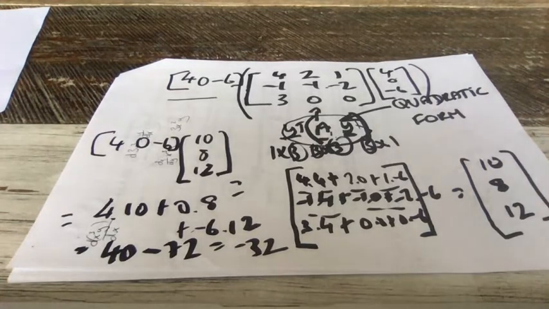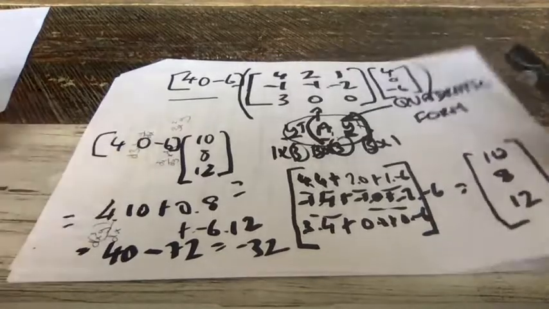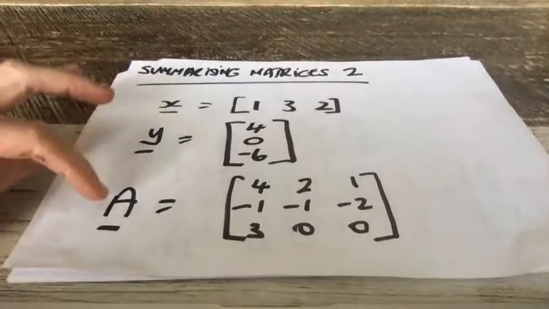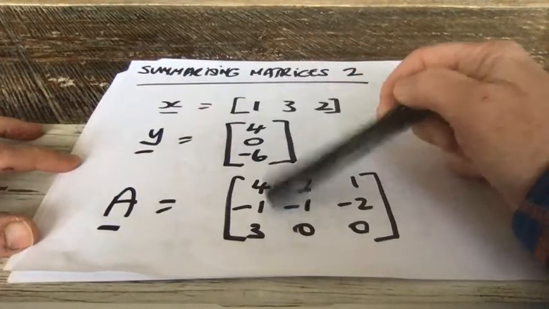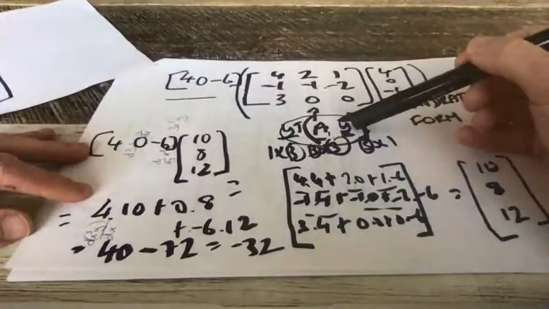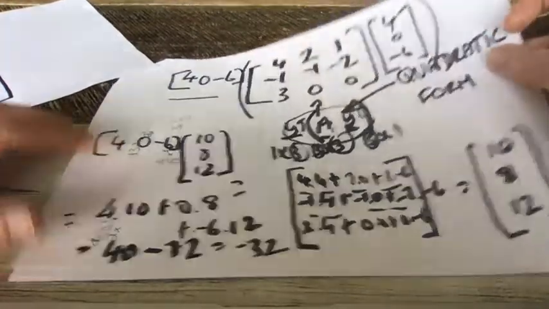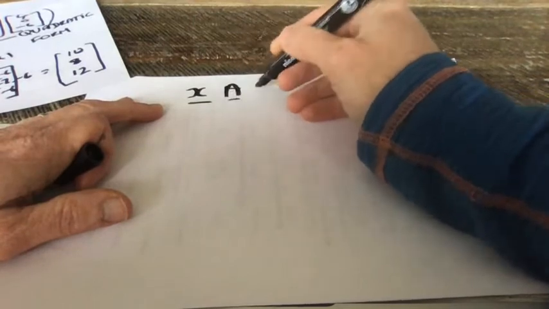Now, another thing I could ask you, though, guys, is instead of Y transpose AY, getting what's called a quadratic form, I could ask you, because if you look back on the original three matrices that I gave you, if you look at X and Y and A, I can multiply A by Y, which I've done here, and I can multiply that product then by 1, 3, 2. So what I could ask you also, instead of asking you for Y transpose AY, I could also ask you for XAY.